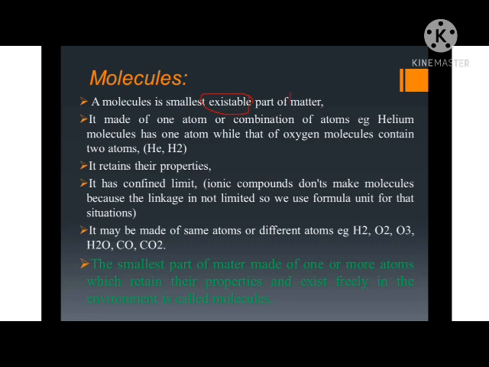Matter is that thing which occupies space and has mass. For example, if we consider metals or stone, these are made of atoms, and the atoms present in them make molecules. A molecule is the existable, stable form of matter.